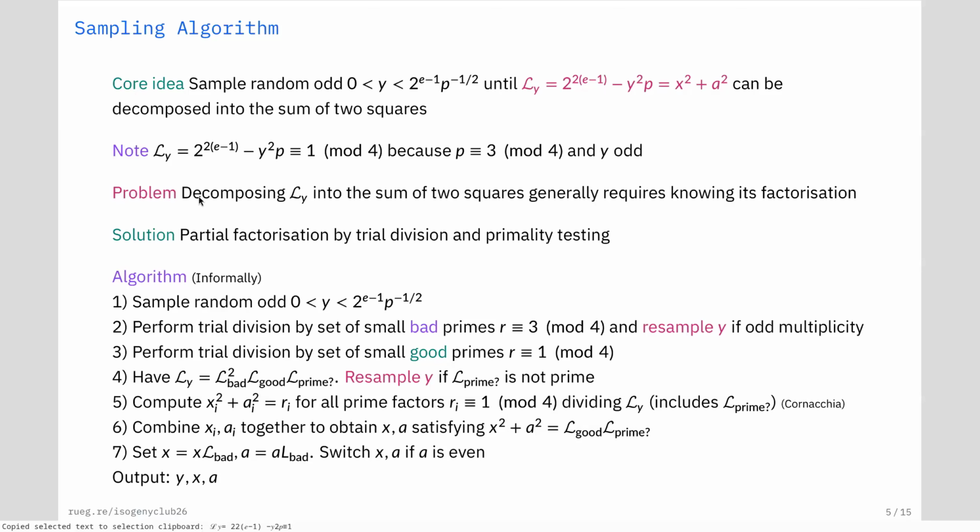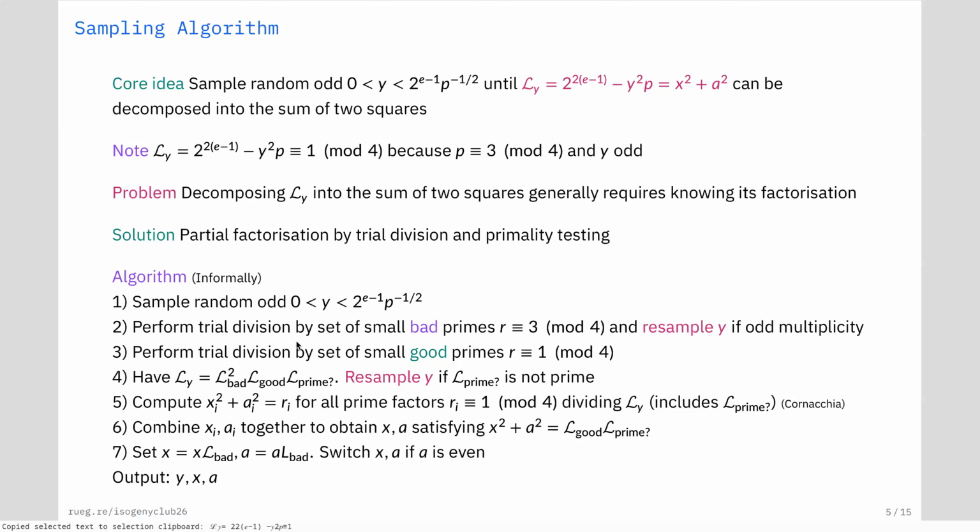The theorem theoretically says this, but in practice we need to know the decomposition to actually compute it. So we simply use some trial divisions and compute some partial factorizations of this Ly on every y sample to try and decompose Ly into a sum of two squares.